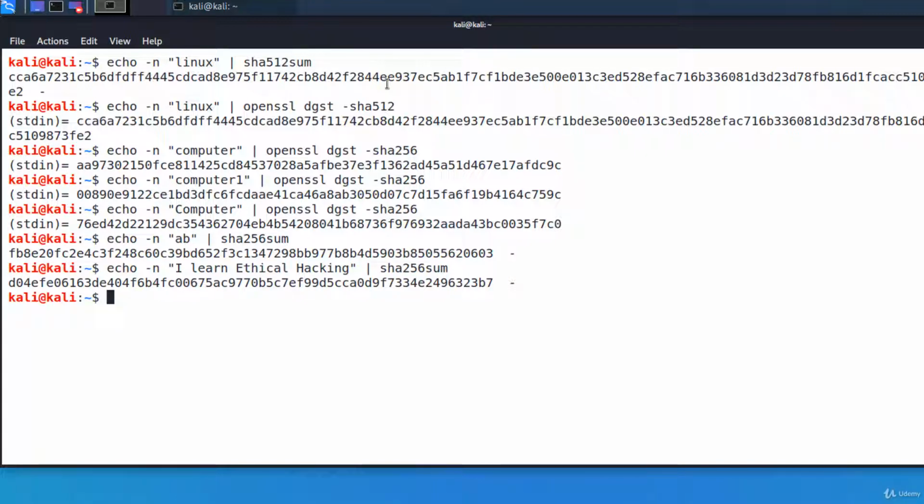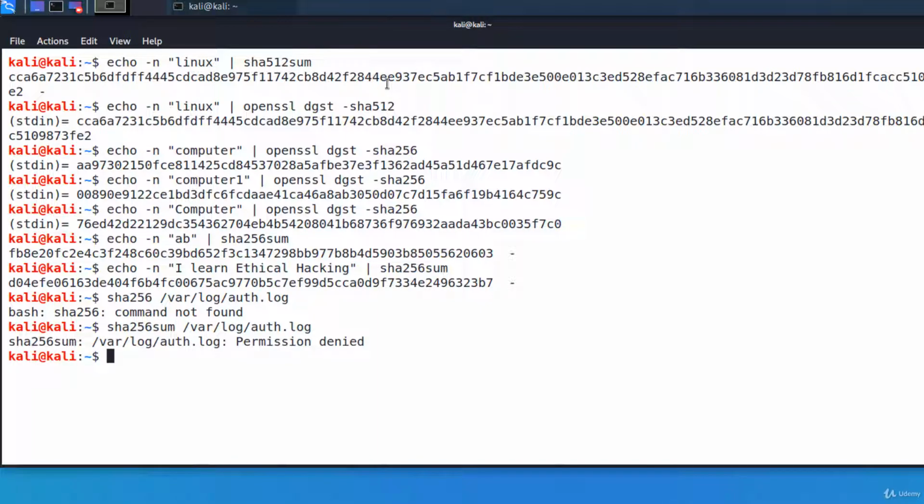Let's see now the hash of a file. I'm not interested in how big the file is. Its hash will have a length of 256 bits or 64 hexadecimal characters. Sorry, the command is sha256sum. Okay, permission denied.